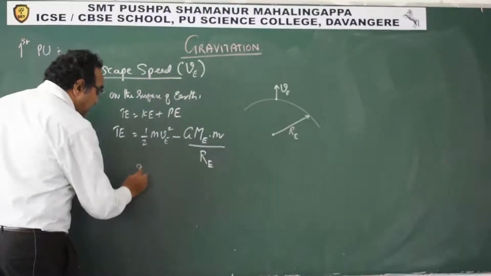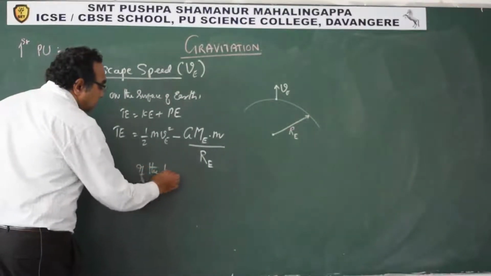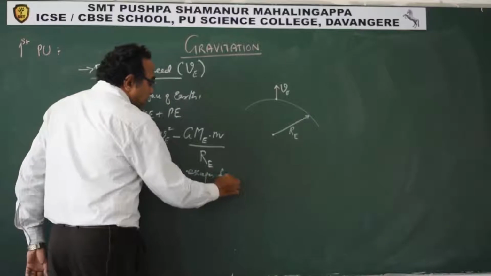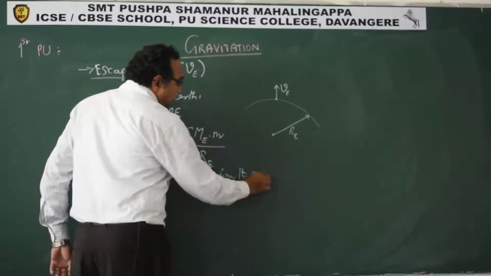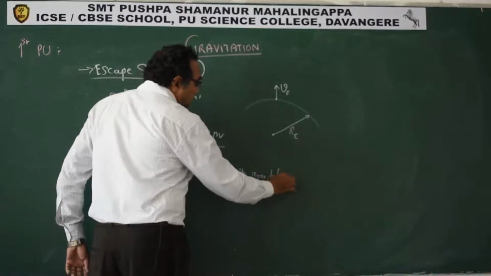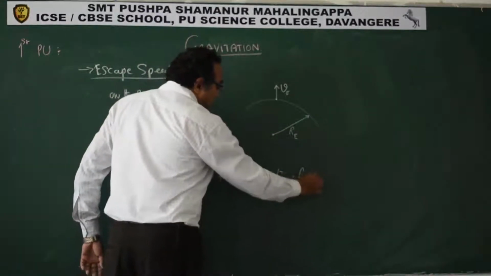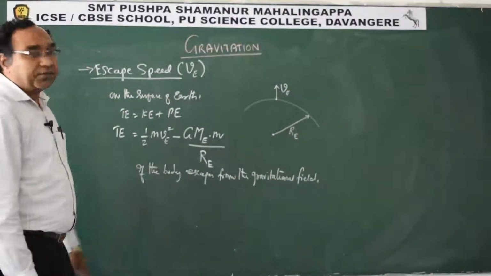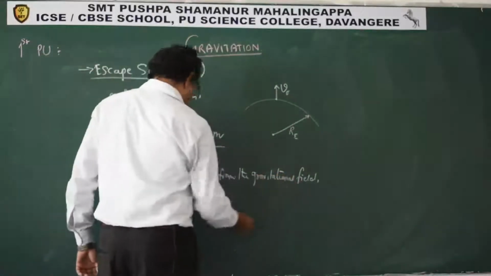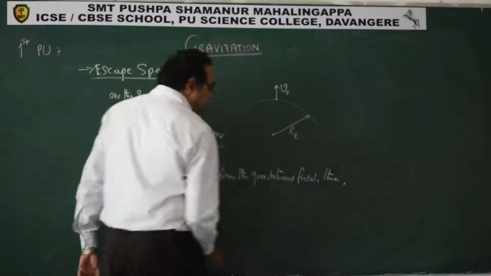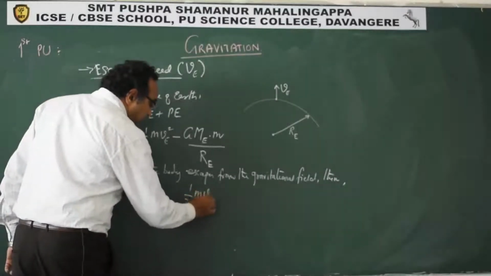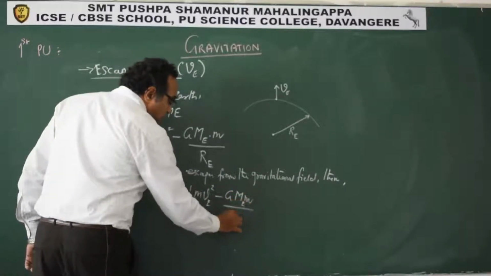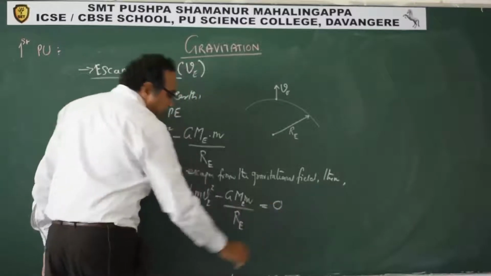So if the body escapes from the gravitational field of Earth, then the total energy at infinity will be 0. Then we can say half m VE squared minus G M_e m by R_e should be 0.